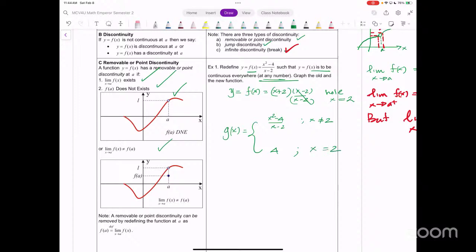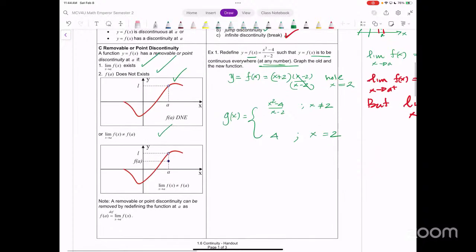That's it. So we're given a specific point. How would that graph look if I graph this? Technically speaking, if you simplify, that is x plus 2, and at x equal to 2, it's actually going to 4.